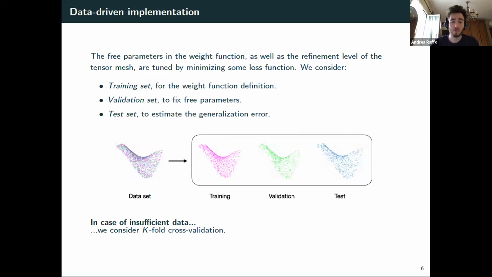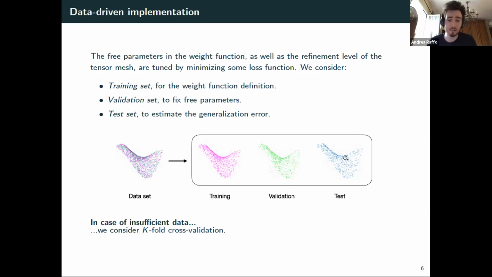The paper focuses, as I said, on the bivariate setting, so bivariate tensor product B-splines. We have two situations that can describe our data-driven implementation. Basically, in case we are in a situation in which we have a rich point cloud, then we take our input point cloud and we consider a partitioning into three subsets: training, validation, and test sets.